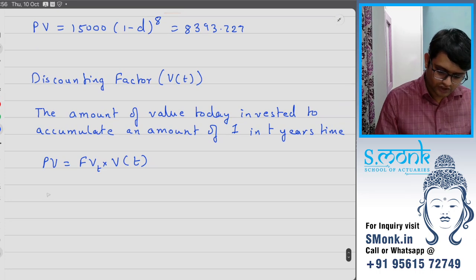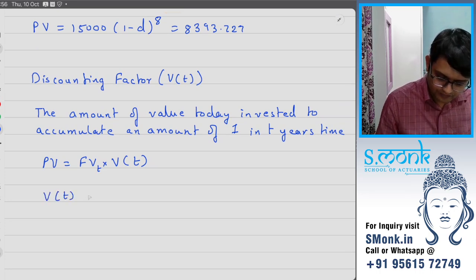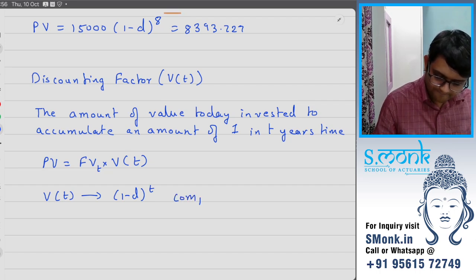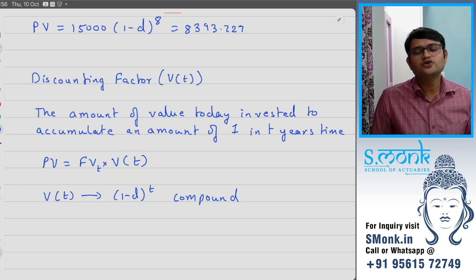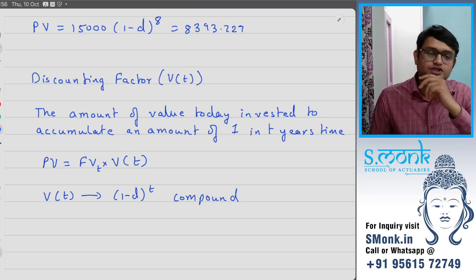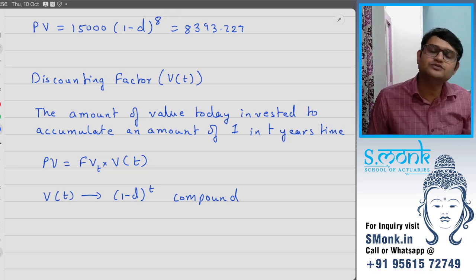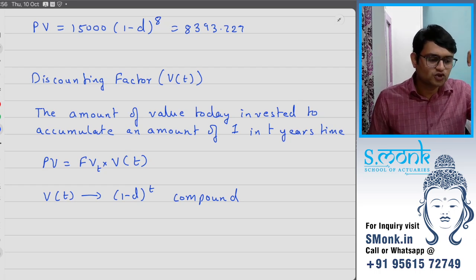So discounting factor Vt is going to be (1 minus d) raised to t for compound. Again, t is nothing but time difference. Now we always assume that when we are using discounting factor, we are going to time 0, to the amount today.